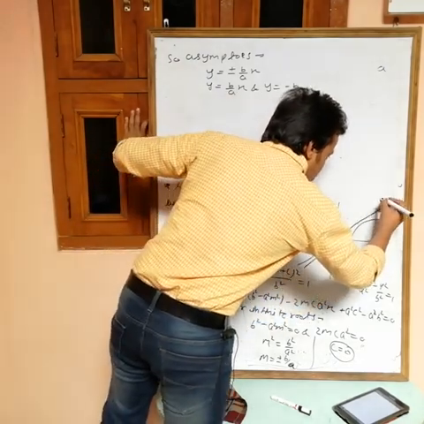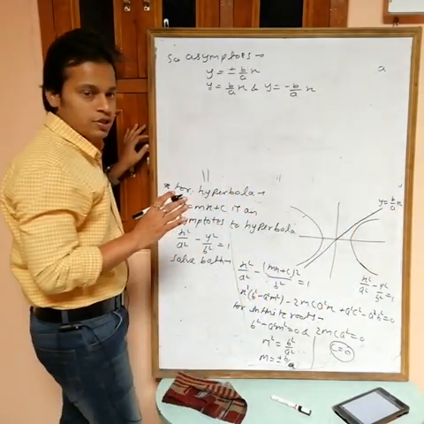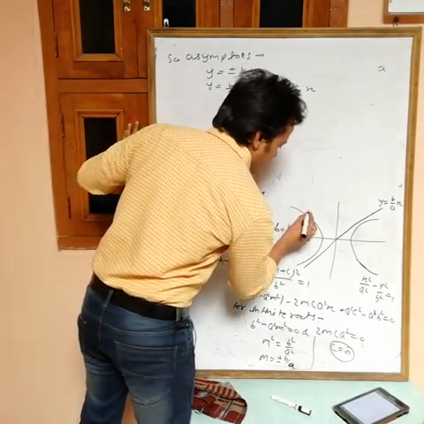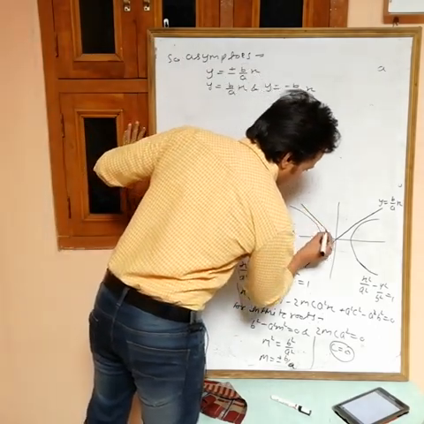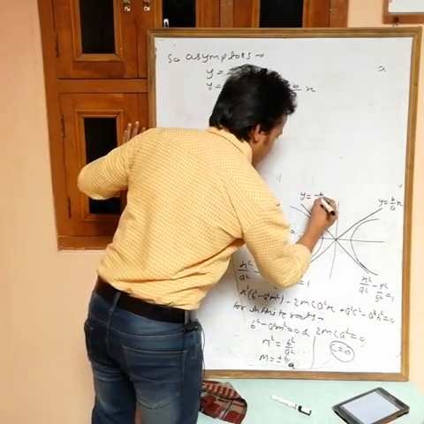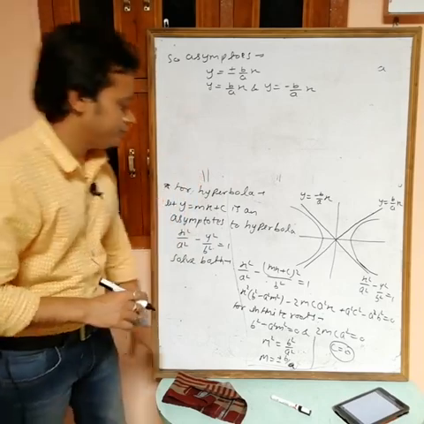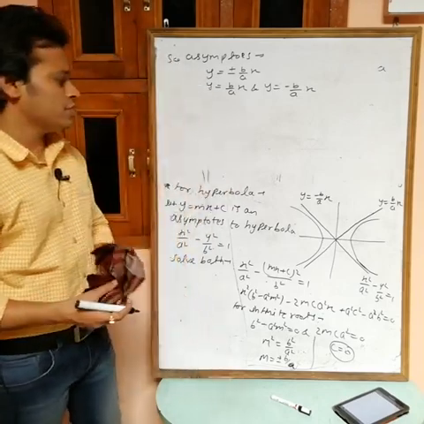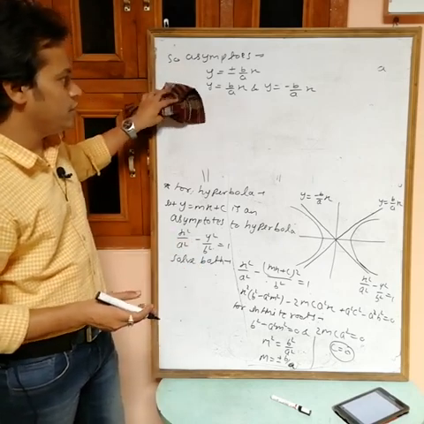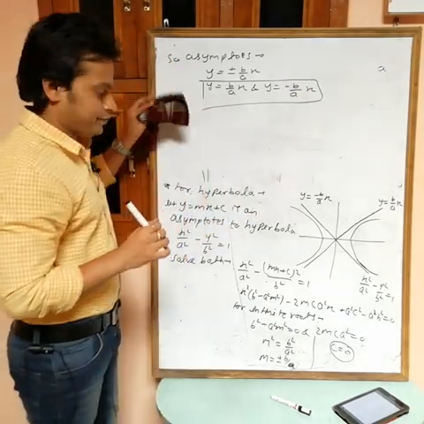This is y equals to b by a x, the first asymptote, and the second one is y equals to minus b by a x. So for a hyperbola, the asymptotes are y equals to b by a x and y equals to minus b by a x. Okay, is it clear?